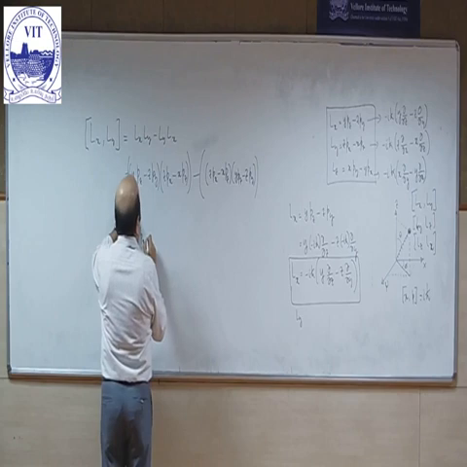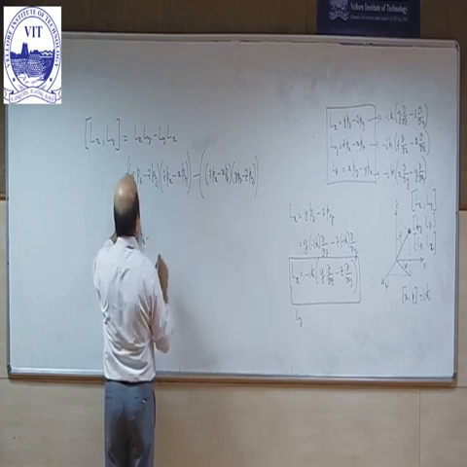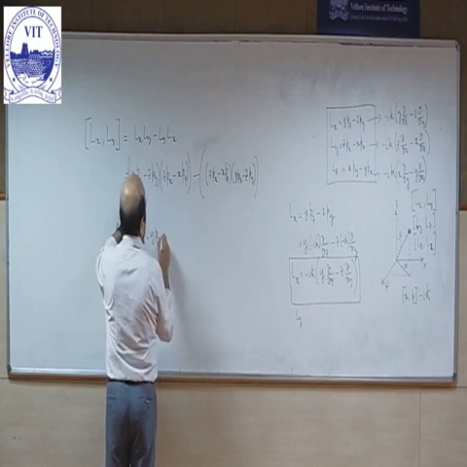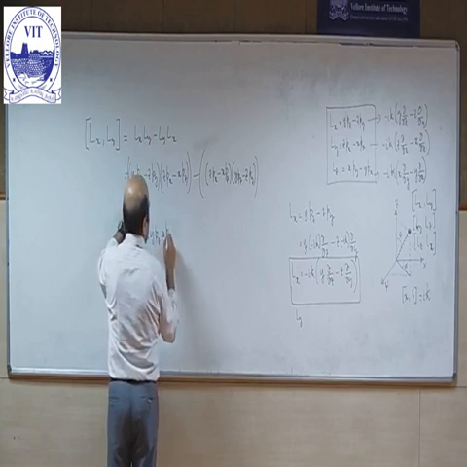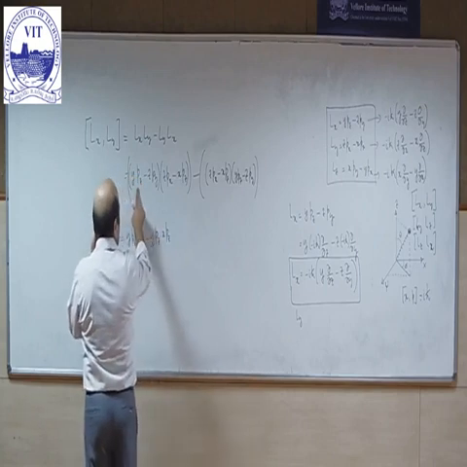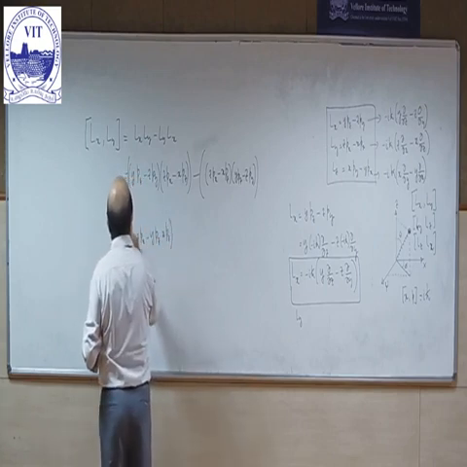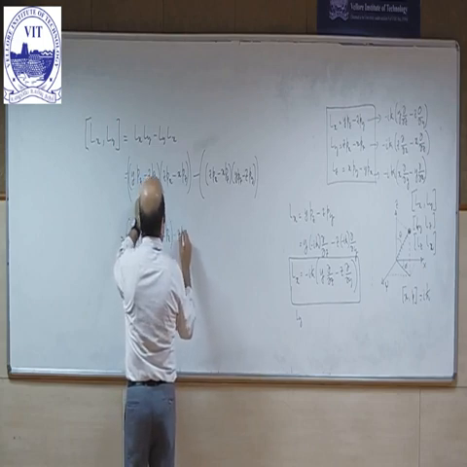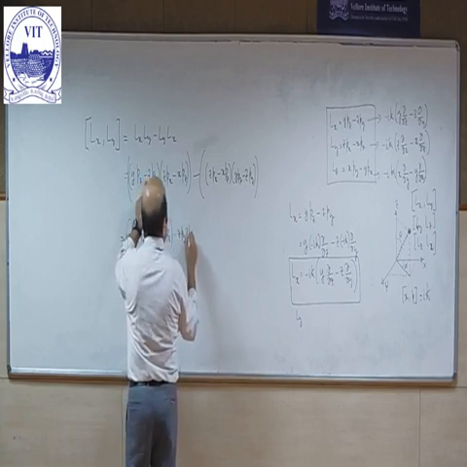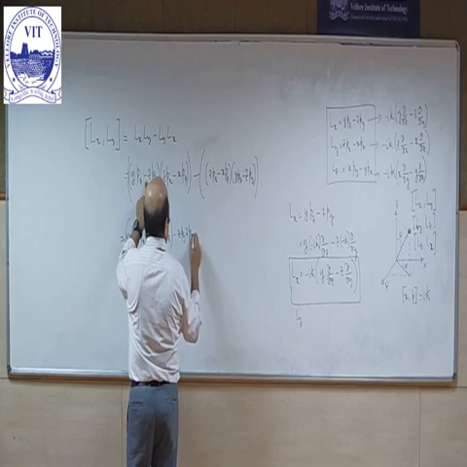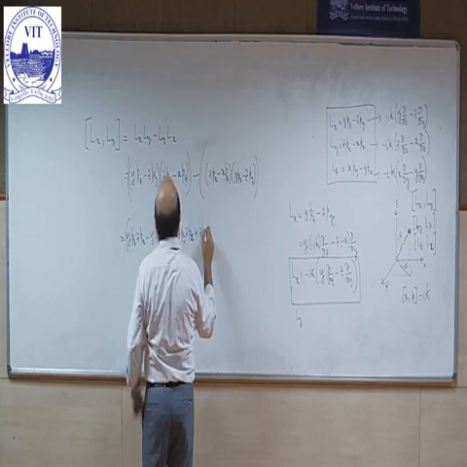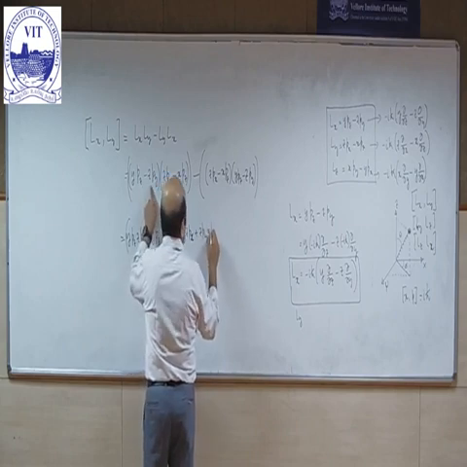Please stop me if I go wrong somewhere. y pz times x pz minus z py z px, and this is plus z py and x pz.